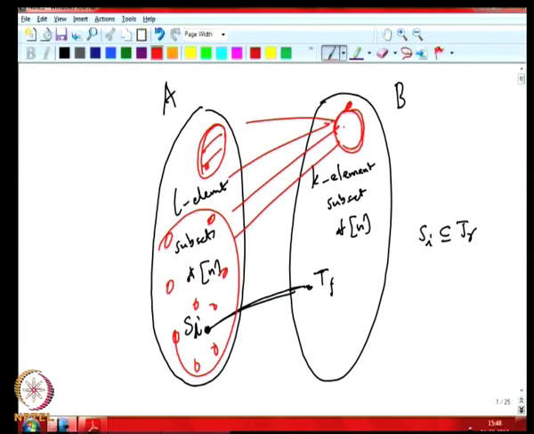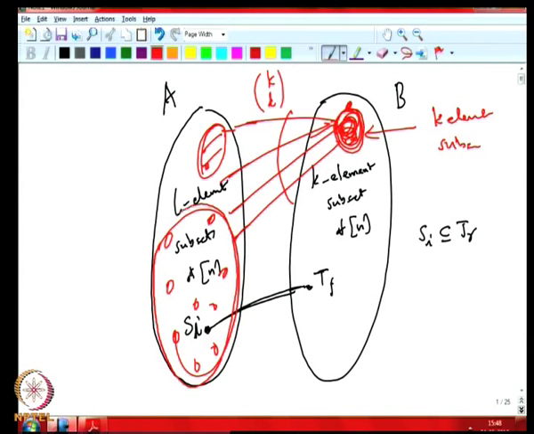Though I have drawn a big shape, it should be considered as one vertex, because this is one k element subset which is thought of as a vertex of the bipartite graph. Exactly k choose L edges will come out of it, right, because there are k choose L possible L element subsets. We are planning to select a few from this side, so one of these k choose L things should be taken.